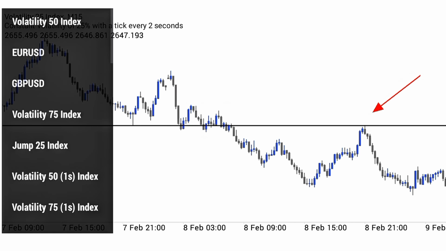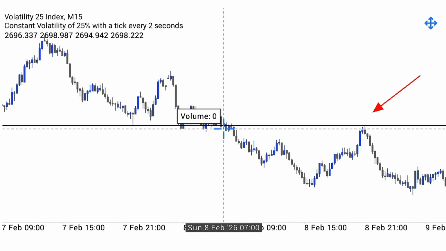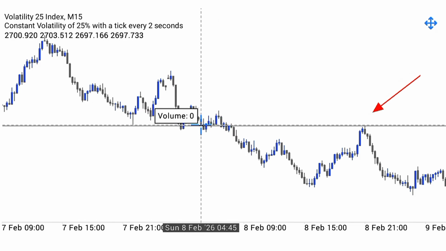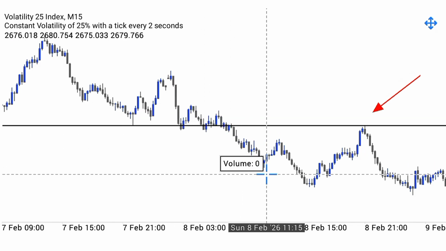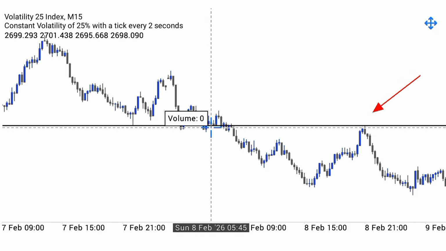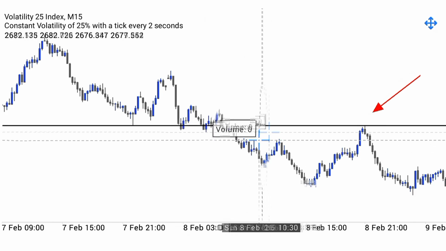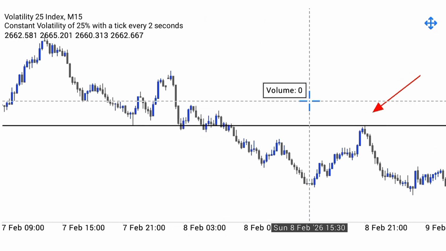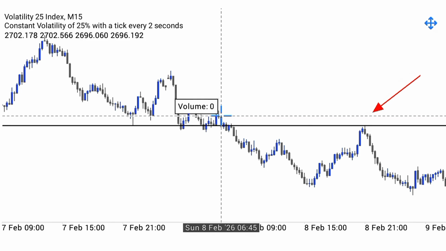When you have seen that, what you do is draw your line on this. When you have seen this clear break of structure here, just pay attention to the blue arrow here. This is what I used to indicate this.